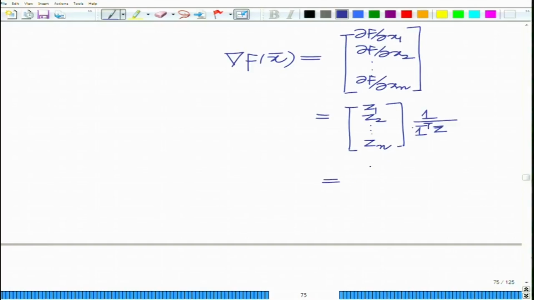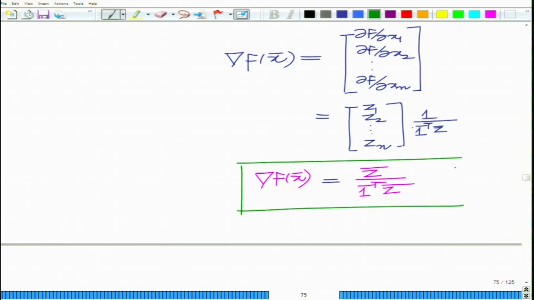You can see this is z bar over 1 bar transpose z bar, that is the gradient.